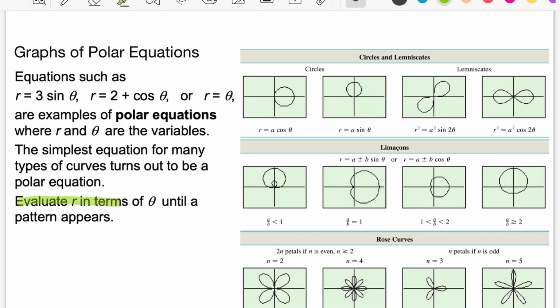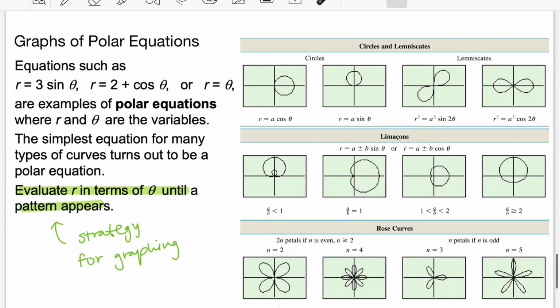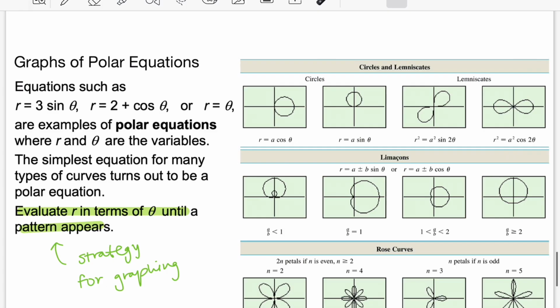So this is going to be our strategy for graphing. And then this here on the right is a table of the different types of polar graphs that we'll see. And then in the book and on the PowerPoint slides, it goes into a little more depth of these guys and their naming conventions.